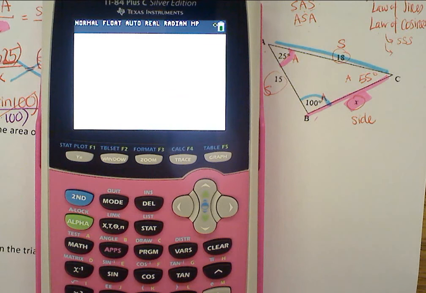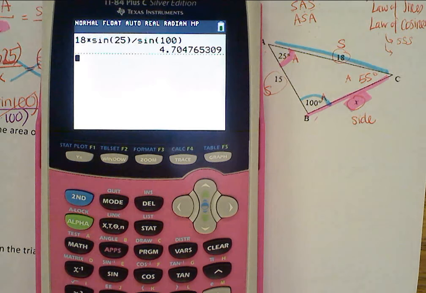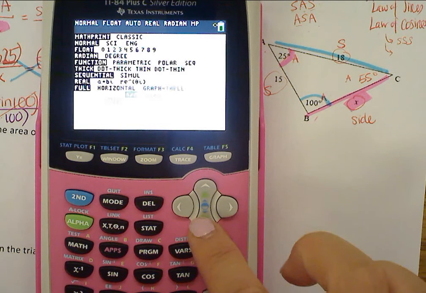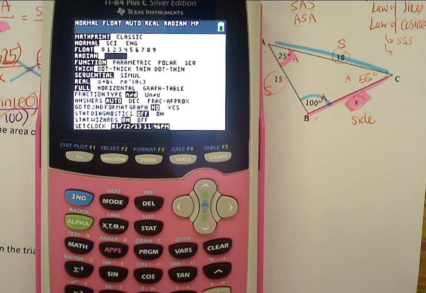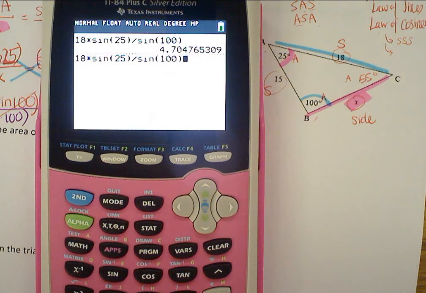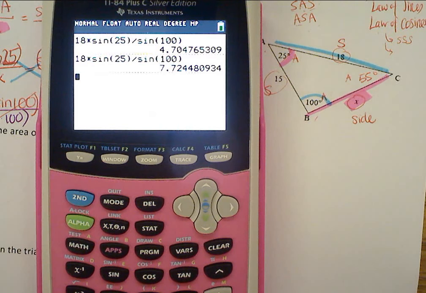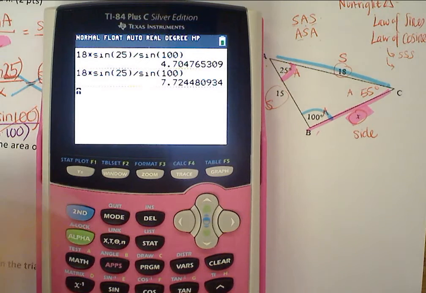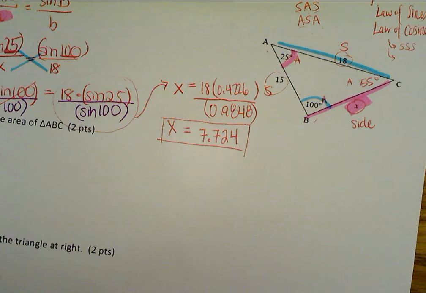Oh, what happened? Let's go to mode. Oh, degree. It has to be in degree mode. So let's try it again. That's why during the test I always told you to make sure you're in degree mode. And plus, you had the chart. So, questions on law of sines?